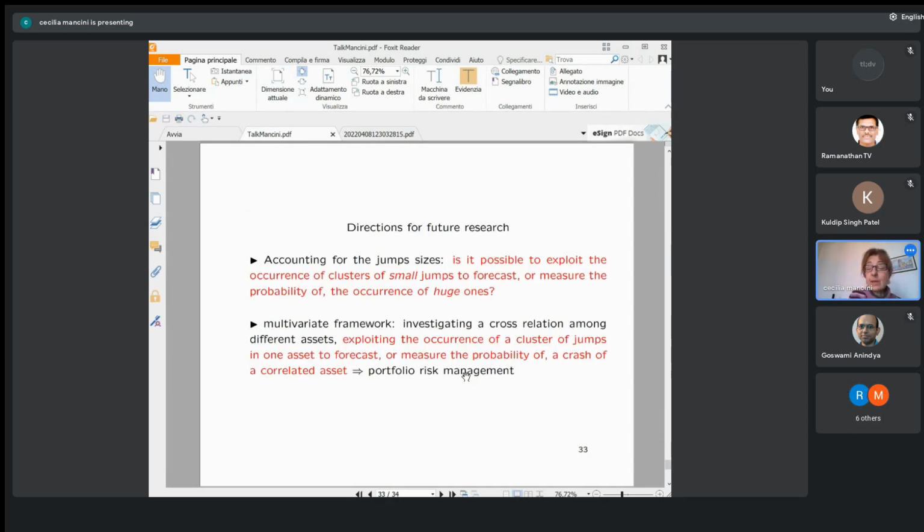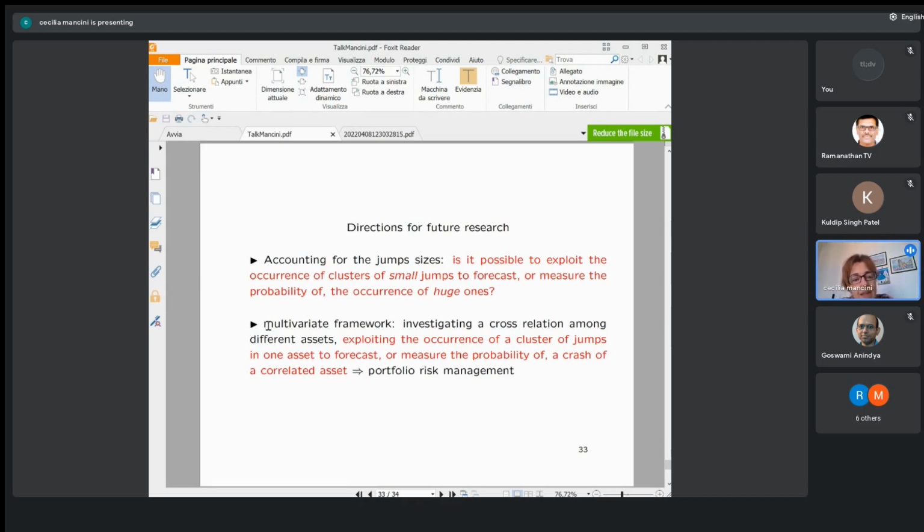Now, further research would have to be devoted to accounting for the jump sizes in the Hawkes model, because clearly the jump sizes could influence whether a further jump will be produced by a cluster of previous jumps or not.